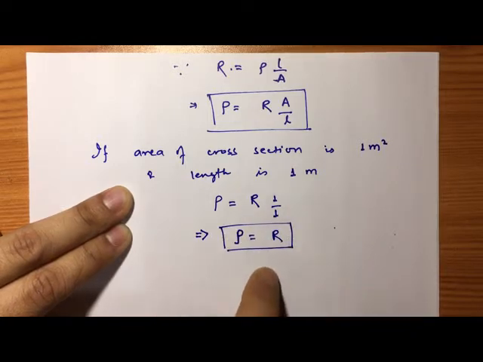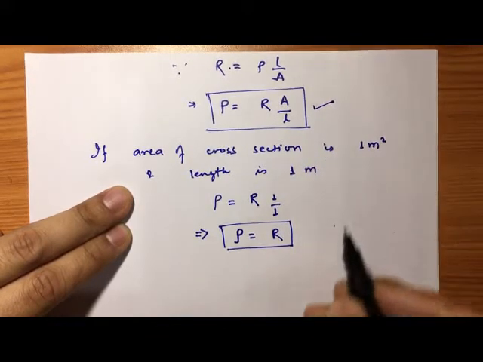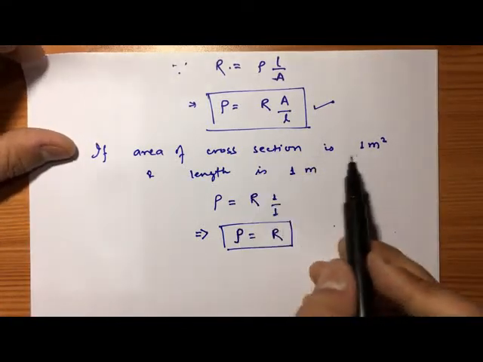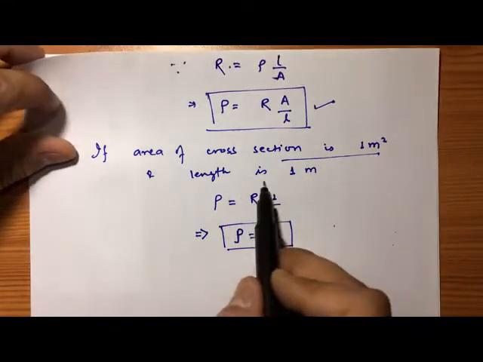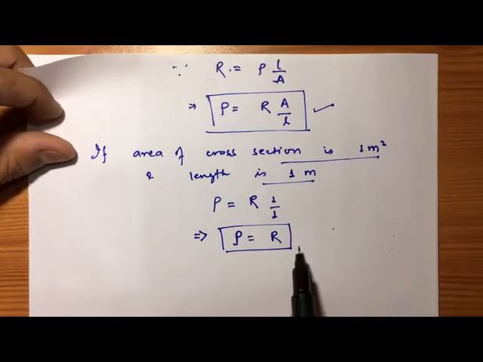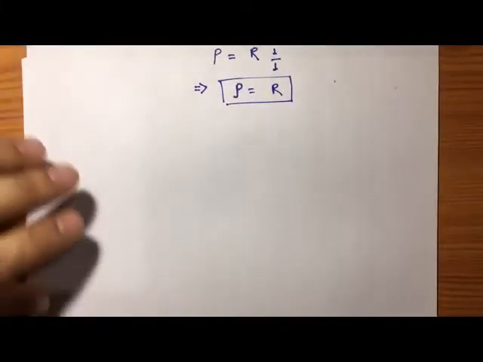In that case, this is not the actual equation. Actual equation is this one, okay? But in a particular case, if my area of cross section is 1 meter square and length is 1 meter, then I can say that my resistivity is equal to resistance in that given case, not in all the cases.